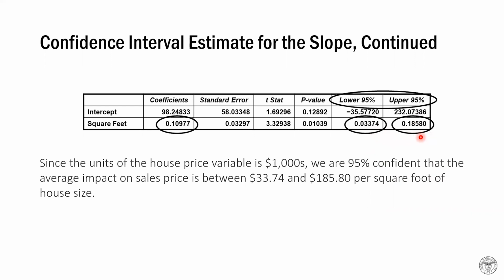In addition, 0 is not included inside the confidence interval. So we are 95% confident that there's sufficient evidence that house size affects selling price. So based on the Excel output, we can use multiple approaches to verify whether there's sufficient evidence that the linear relationship exists.